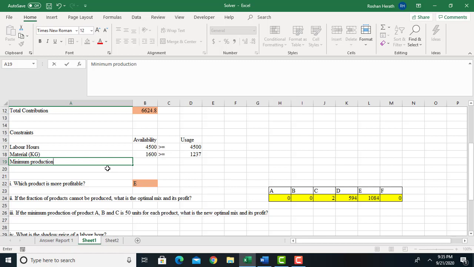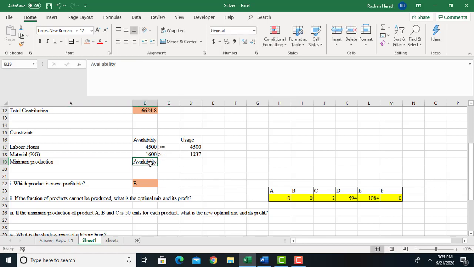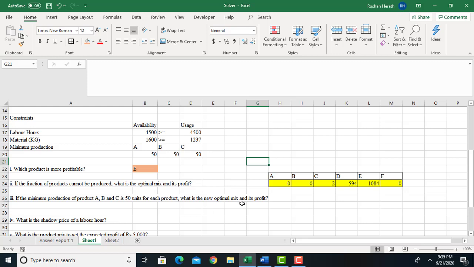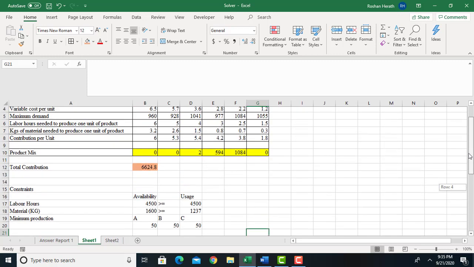What is the minimum production? For product A, product B, and C, you have identified the minimum requirement. It's 50 units each: 50, 50, 50. So that serves as your fifth constraint. Now, depending on that, we may try to figure out the optimum product mix.